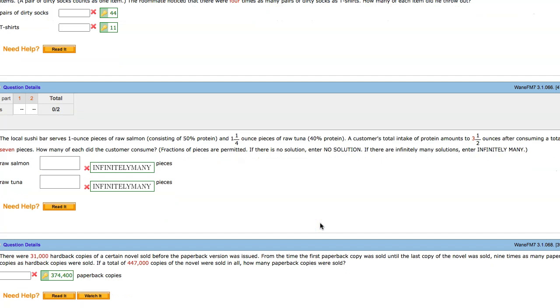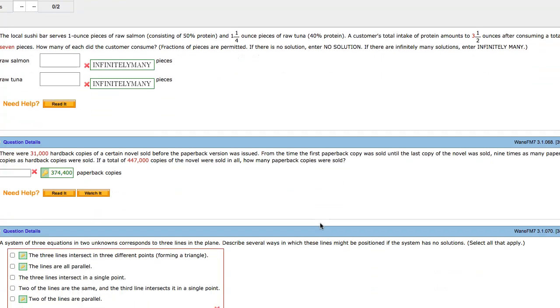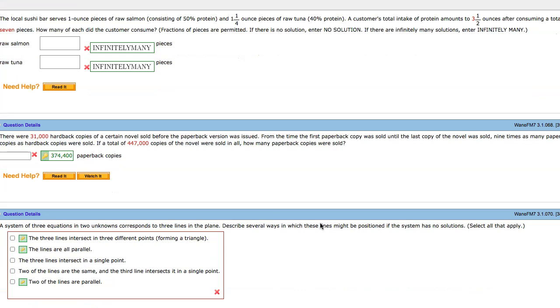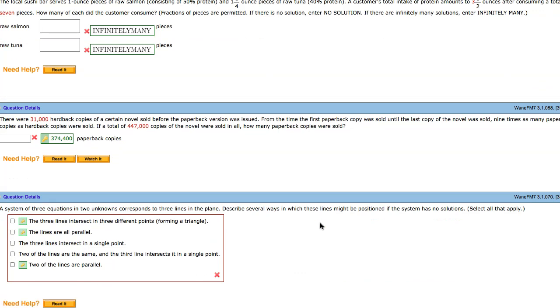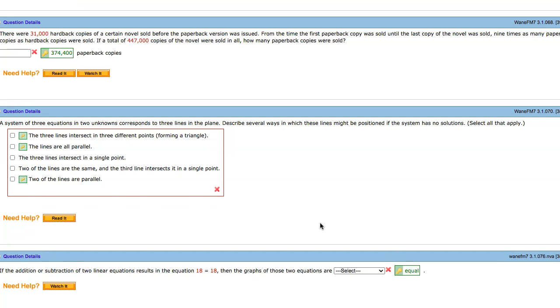So I'd like to move into 3D systems now, if I may. Let's see. 45. A system of 3 equations and 2 unknowns corresponds to 3 lines in the plane. Describe several ways in which these lines might be positioned. They can be parallel. The 3 lines intersect at 3 different points. That could happen.